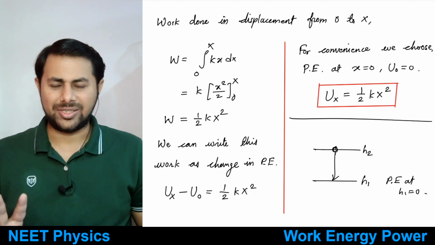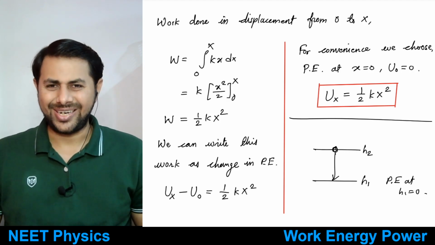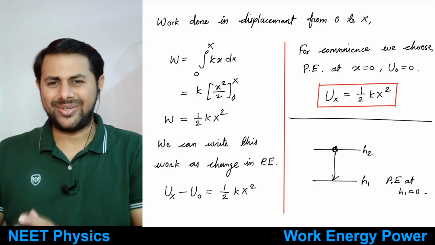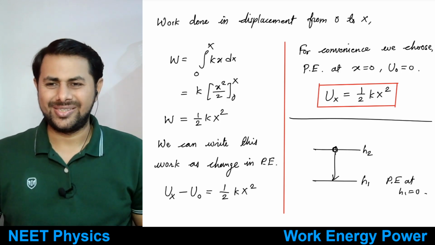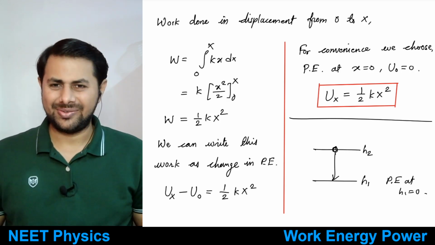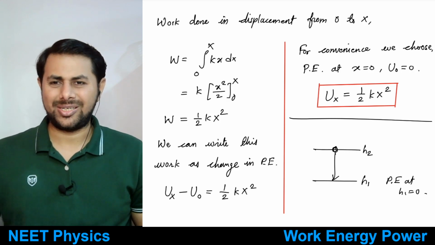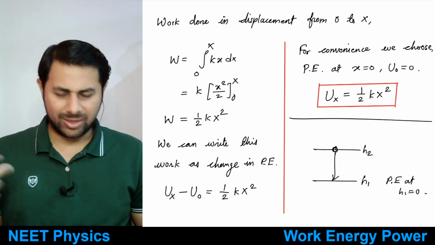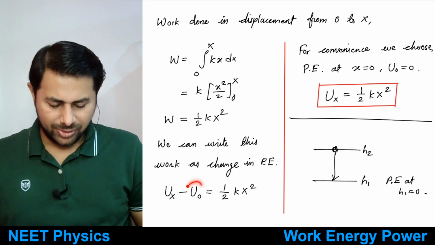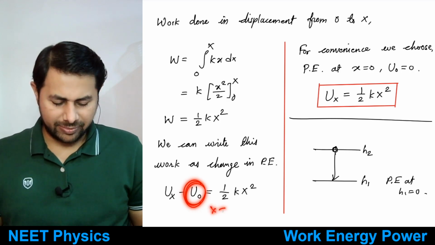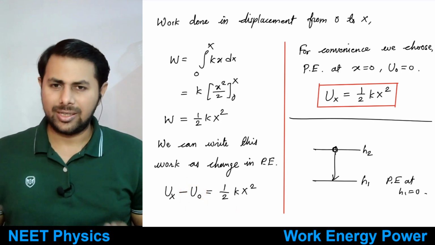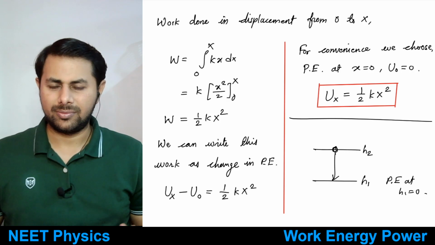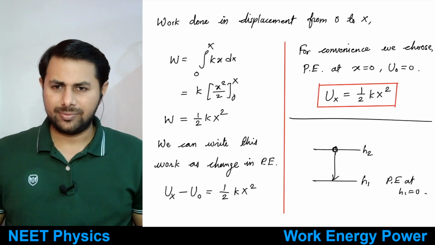Work done is always the difference in potential energy, right? Work done is never equal to potential energy. Okay, so this thing is clear. What matters is the difference in potential energy only. So it is for our convenience that we choose the potential energy at x equal to 0 for a spring to be equal to 0.